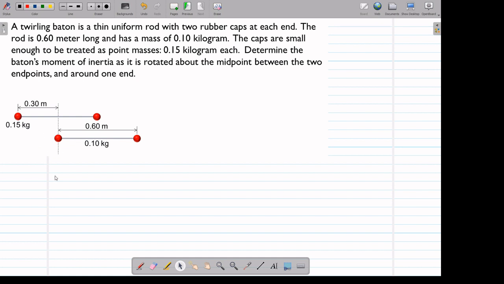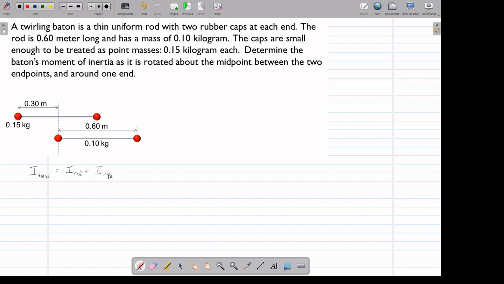All right, this is a really involved problem, so we'll go ahead and jump into it. First, we'll focus on this situation where the baton is rotating around its midpoint, right? We will say that the moment of inertia, we'll call this I total, is going to be equal to the moment of inertia of the rod plus the moment of inertia of each end cap.